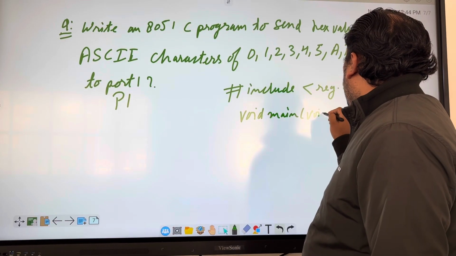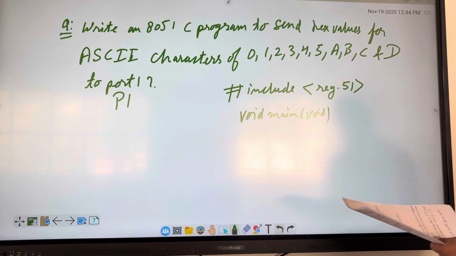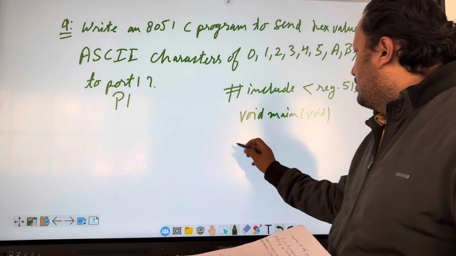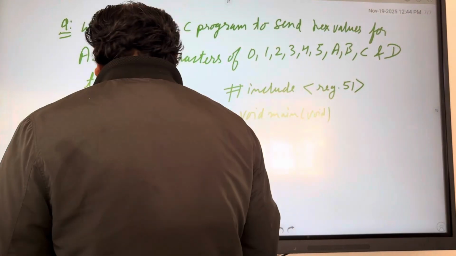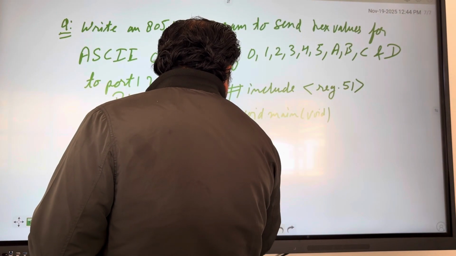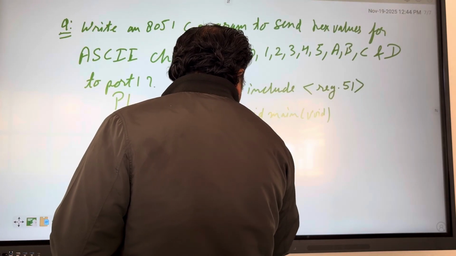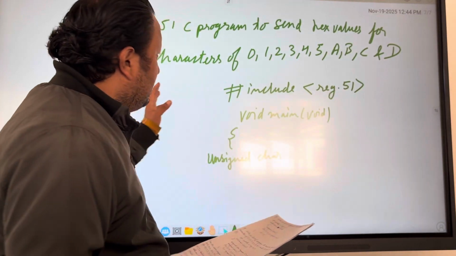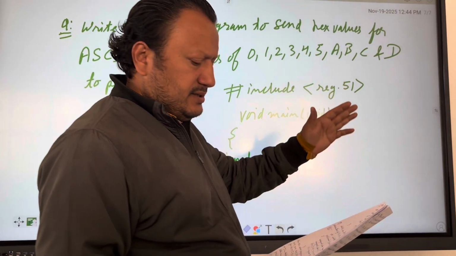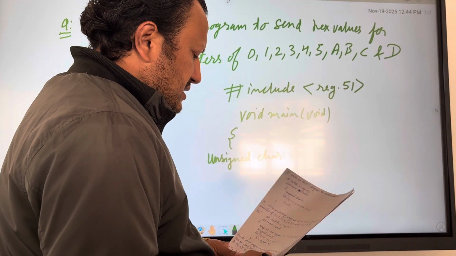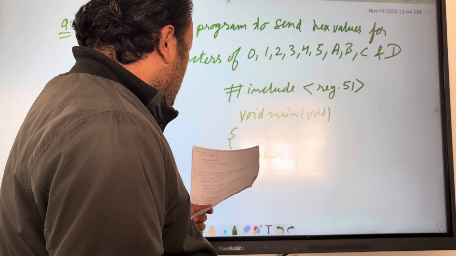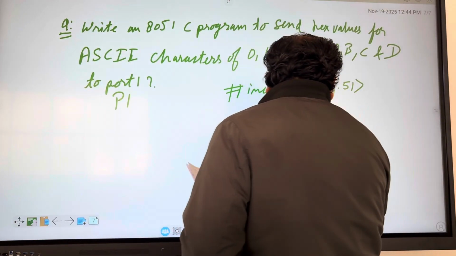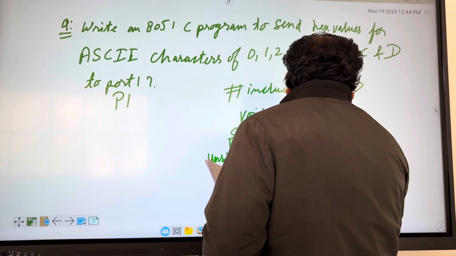So you'll write void here, and then you start your program, and then you define your unsigned character. Because you have a series of ASCII characters, you give this series to an array called mynum.